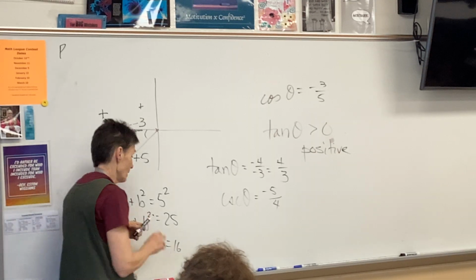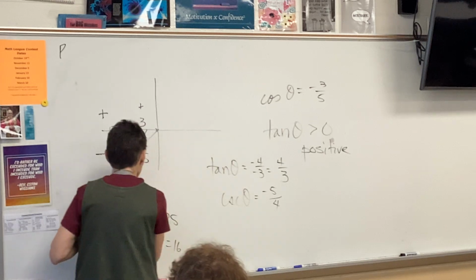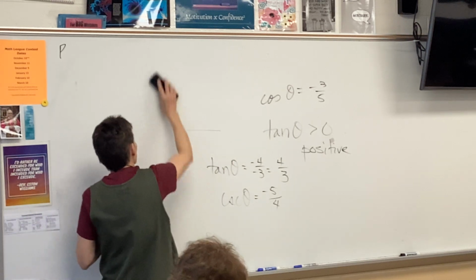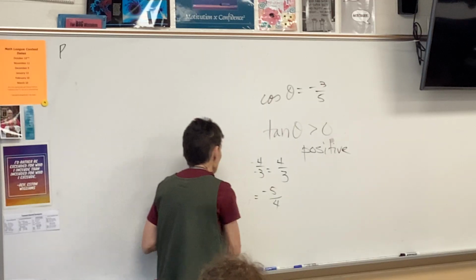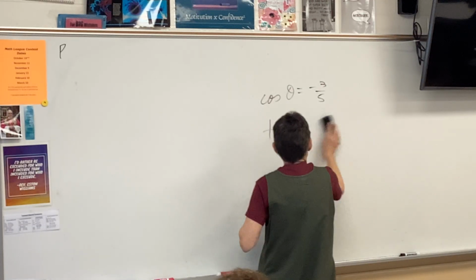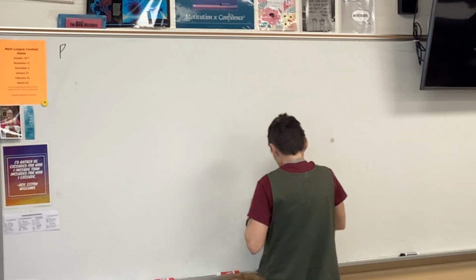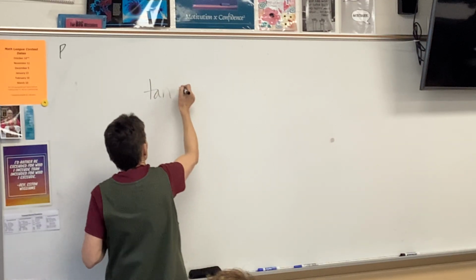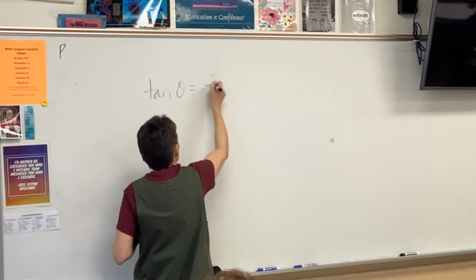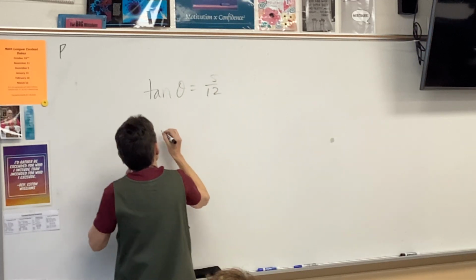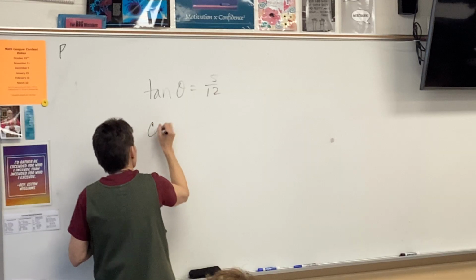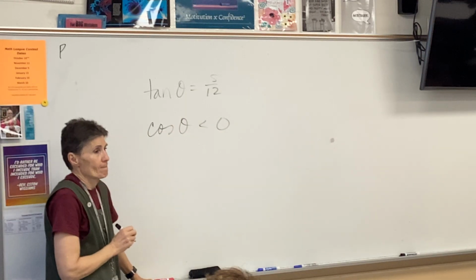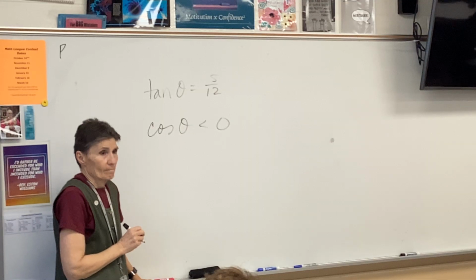Okay? Alright, before we start our graphing, you don't have to write this down, I just want you to walk me through this. Let's say we know that the tangent is 5/12 and the cosine is 8.